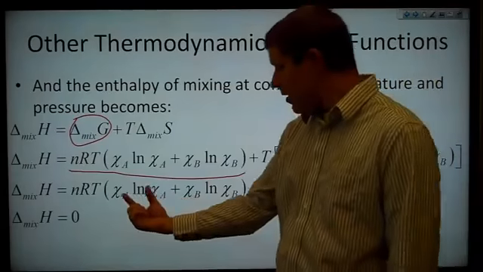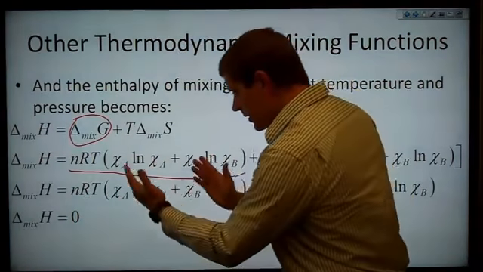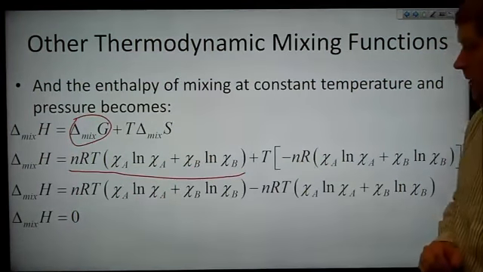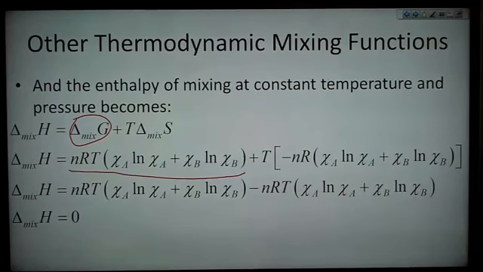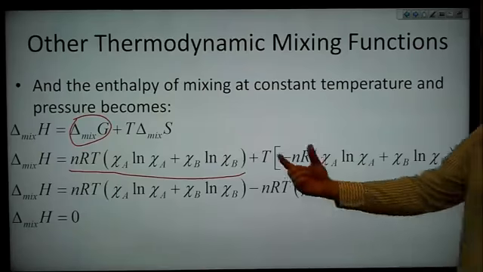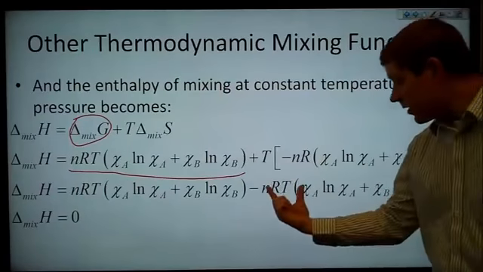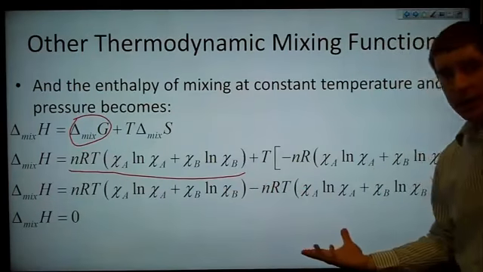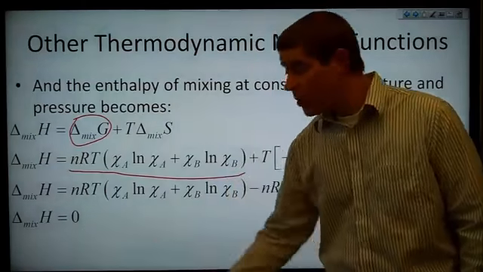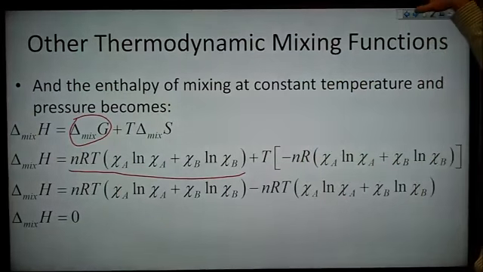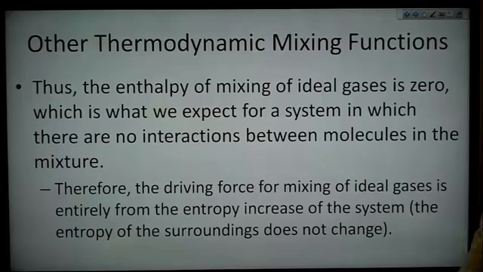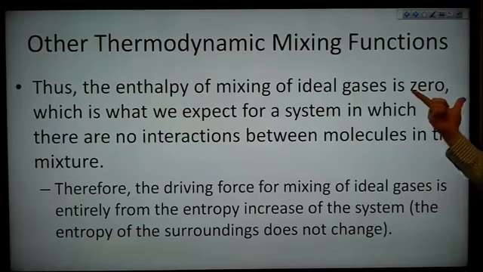And so now we have nRT times this quantity, stuff with chi's, minus nRT times that same quantity. So we have nRT minus nRT times that quantity. Well, that's 0. And so the enthalpy of mixing for ideal gases is 0. So our enthalpy of mixing of ideal gases is 0.